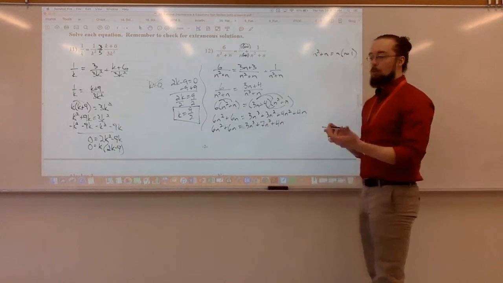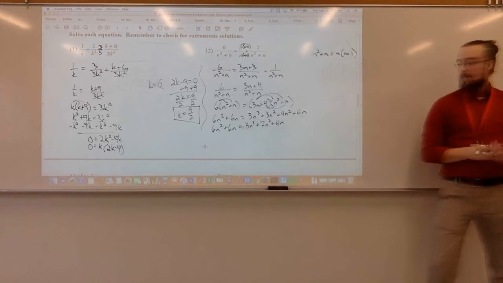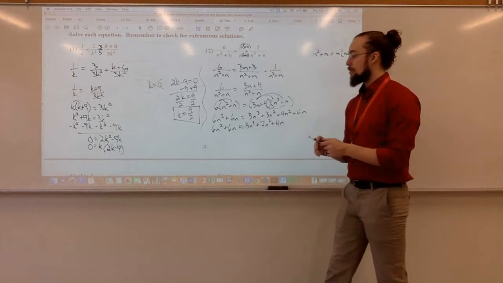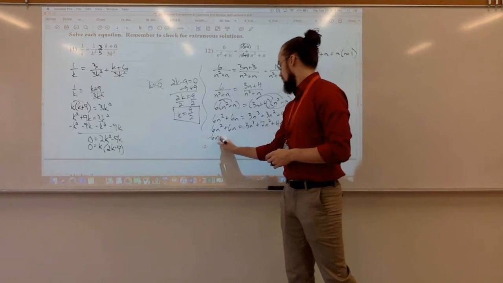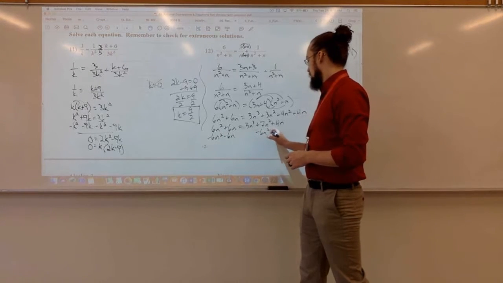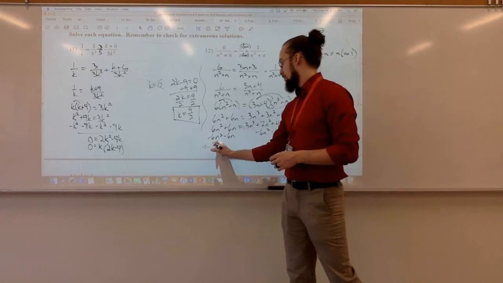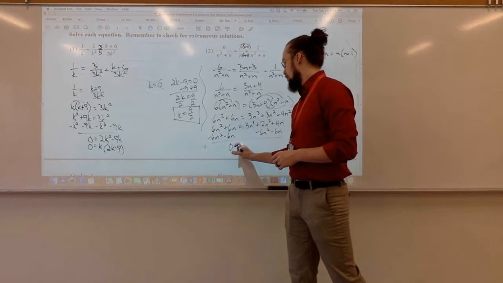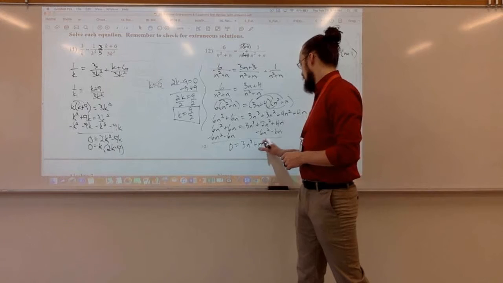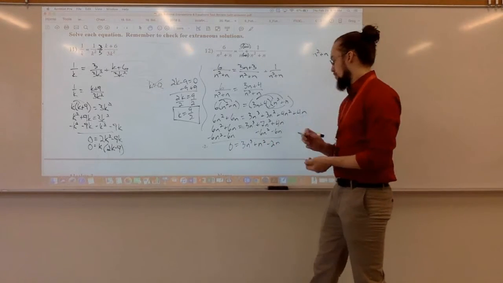Now, I want to get everything on one side equal to 0. So, probably going to make sense to take these 2 terms and subtract them over here. So, minus 6n squared minus 6n. So I end up with 0 equals 3n cubed plus n squared minus 2n.